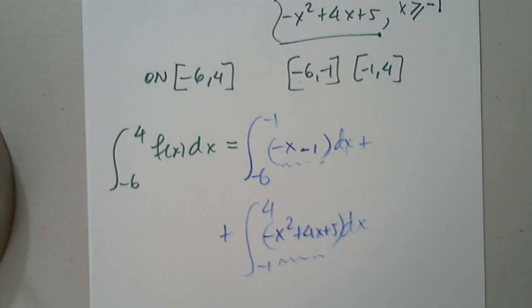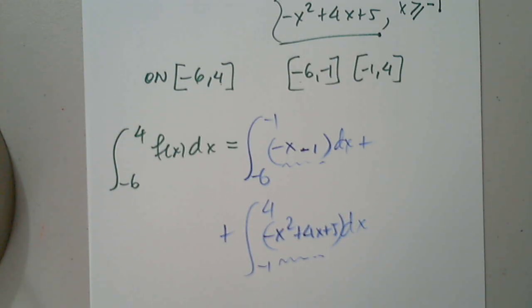Since I'm running out of time, I'm just going to do this with the calculator real quick. I'm using 9. The first one is between negative 6 and negative 1, and the function is negative x minus 1 dx, don't forget.